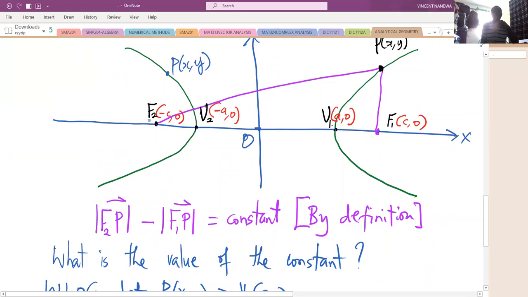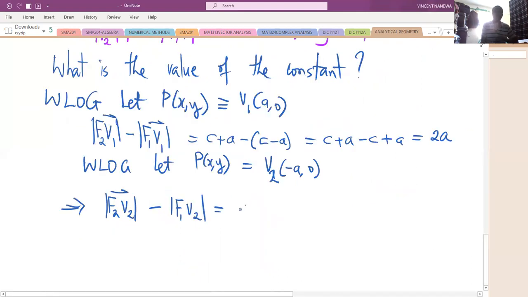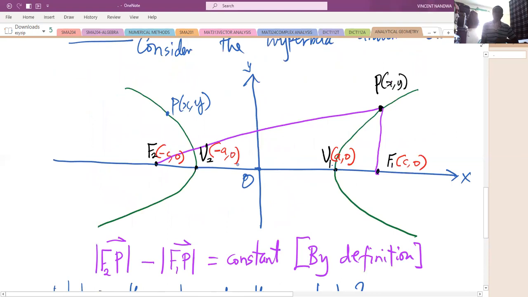So this difference would be simply C minus A. So C minus A, minus F1V2. F1 is here, this way I have V2. From V2 to the center is A units, from the center to F1 is C units. So the distance from V2 to F1 is simply A units plus C units. So A plus C.